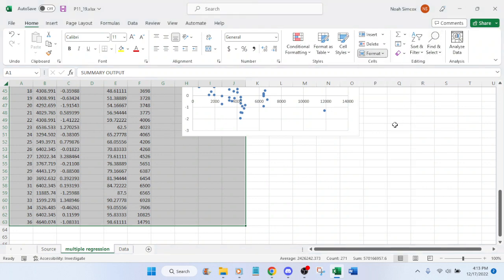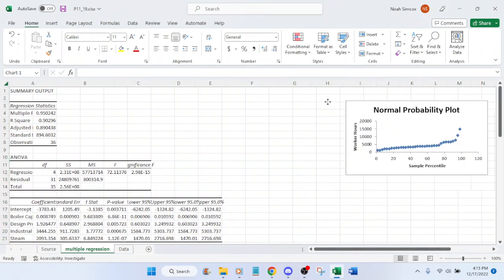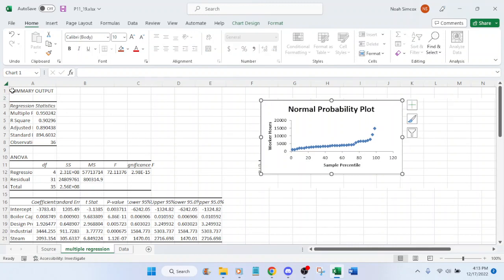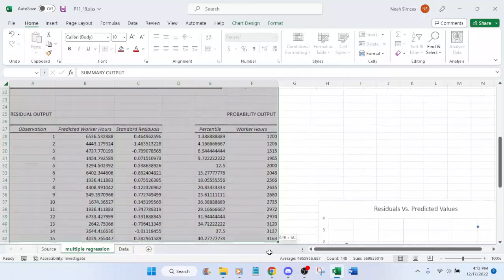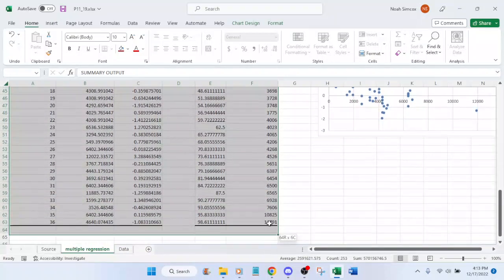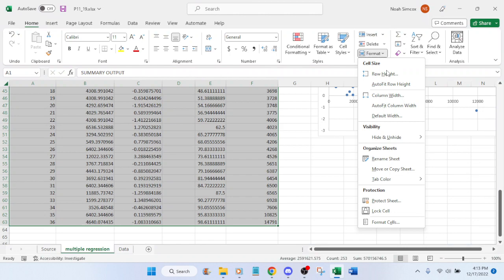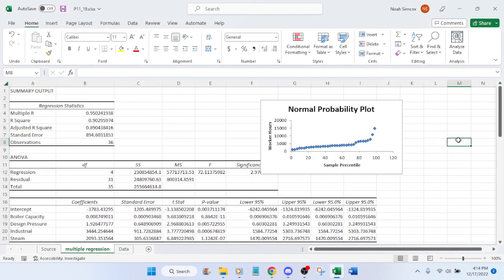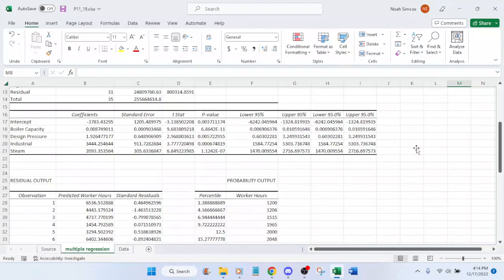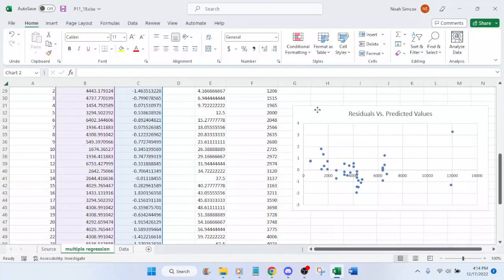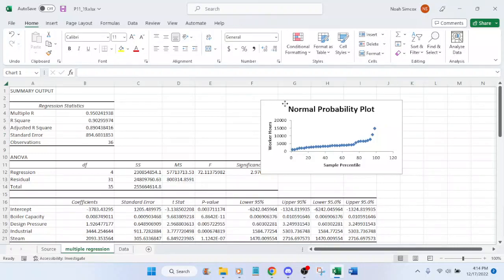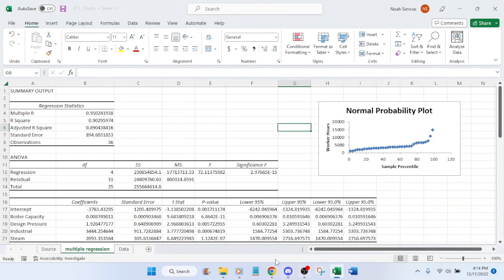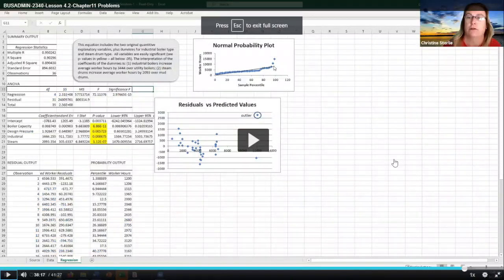How did this mess up? It should not have messed up. There. So we have an outlier.